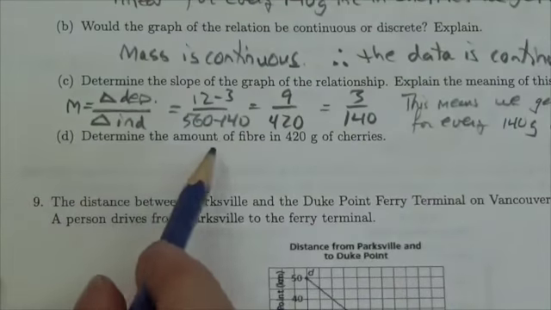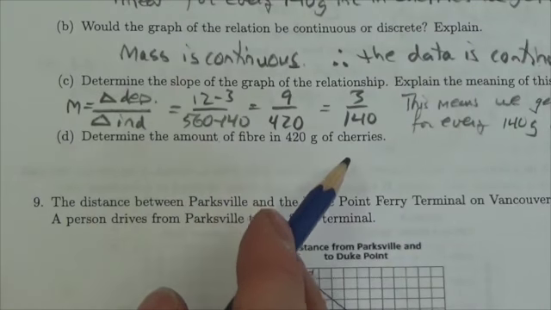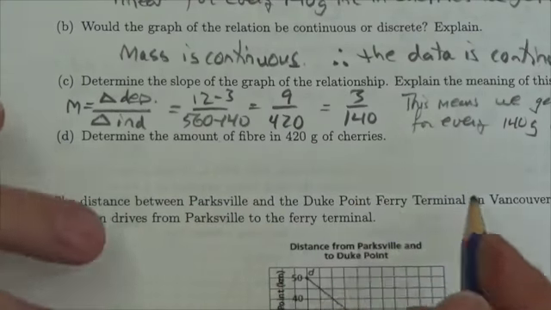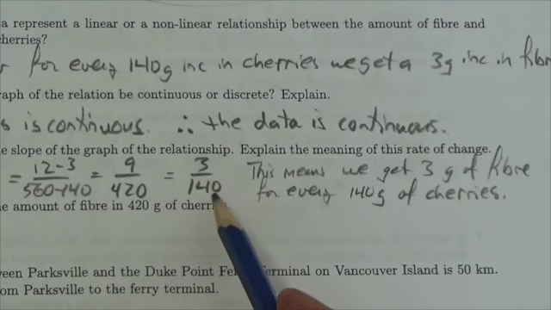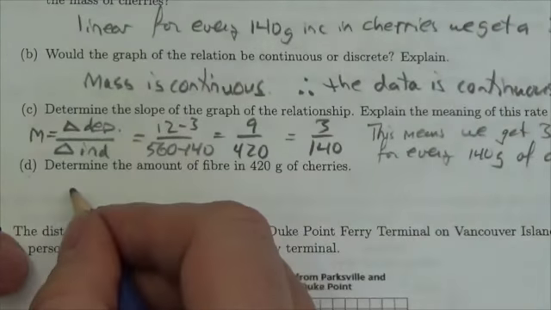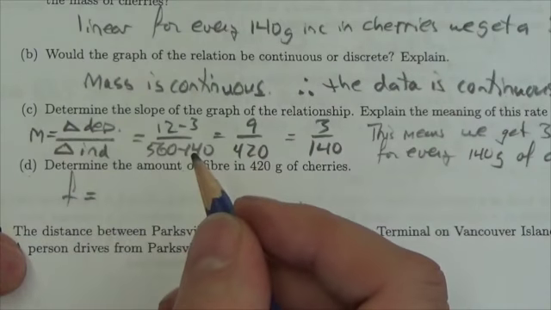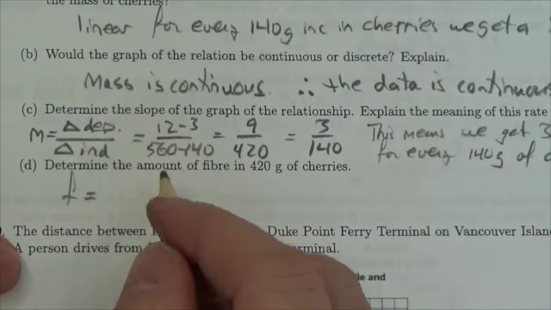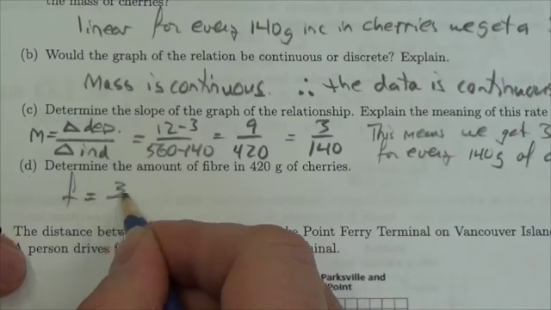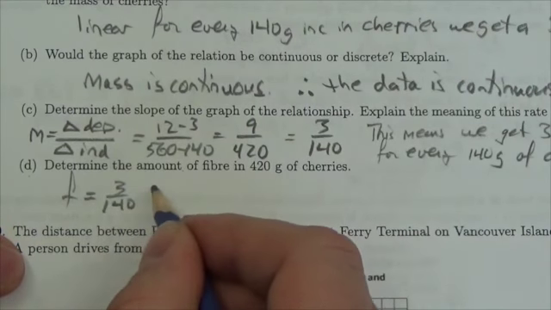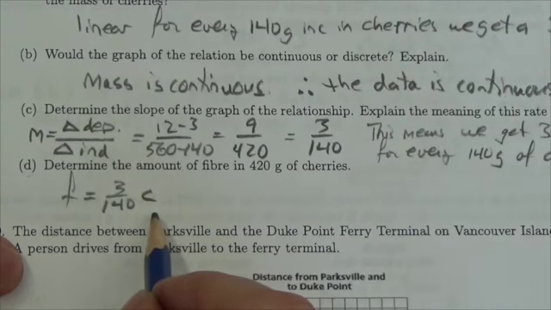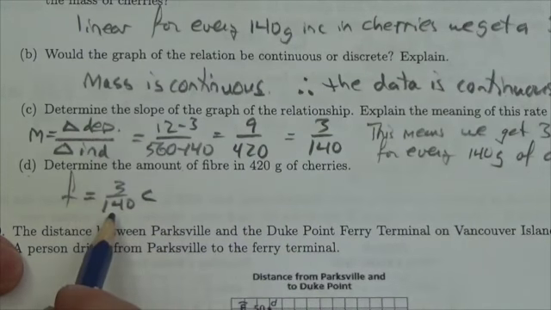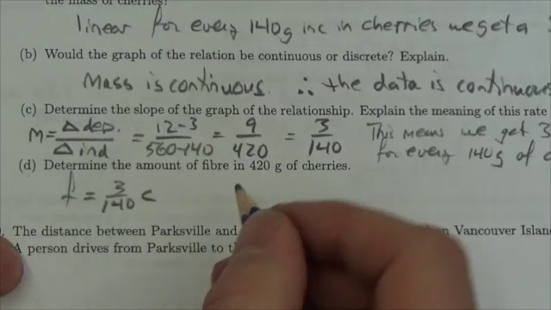Now, determine the amount of fiber in 420 grams of cherries. Well, we just pointed out that this is the relationship here. This is fiber per grams of cherries. So if we use F for fiber, F is going to equal this proportion times the number of grams of cherries. So we let C be the grams of cherries: grams of fiber per grams of cherries multiplied by grams of cherries.